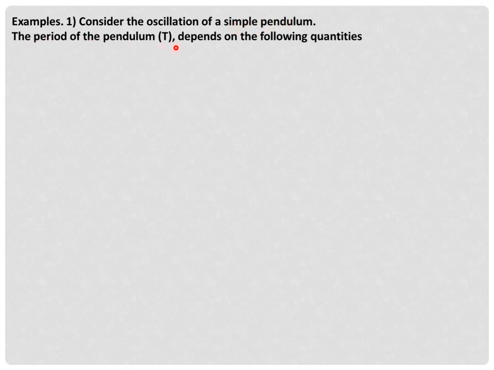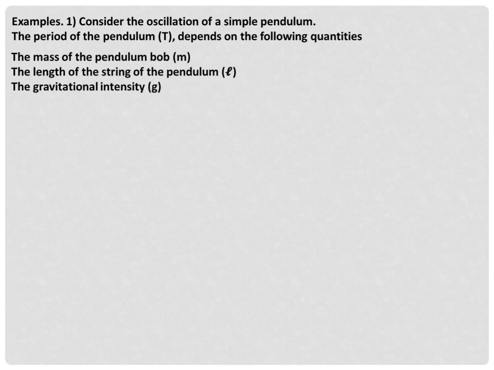The period of the pendulum depends on the following quantities: the mass of the bulb, m, the length of the string, L, and the gravitational intensity.